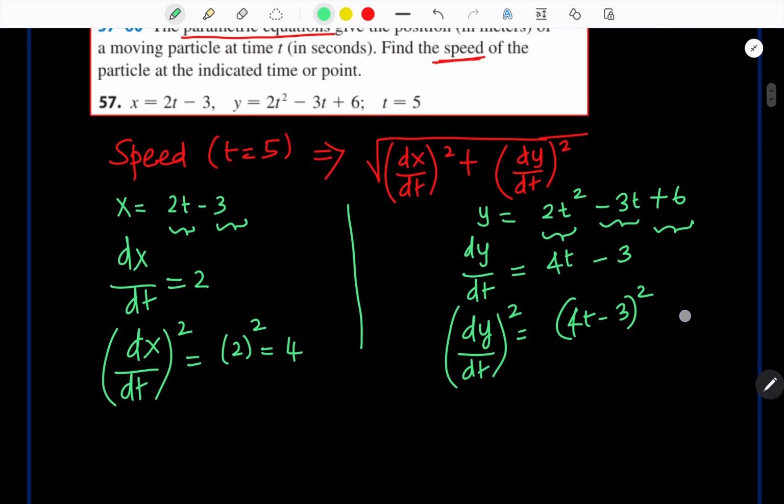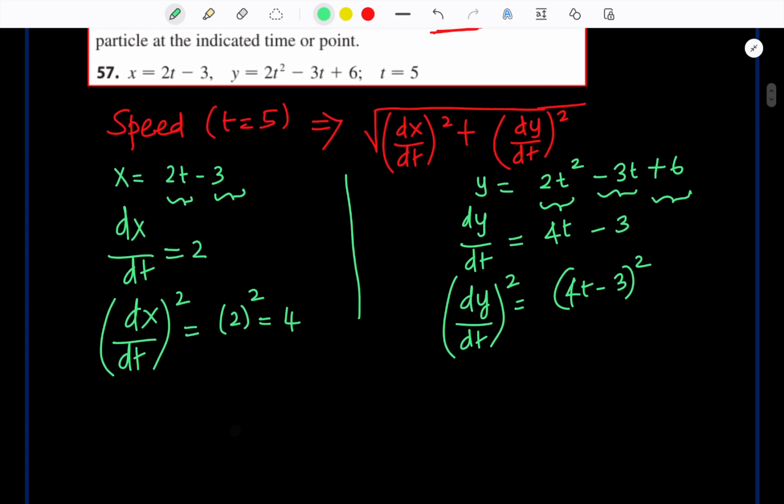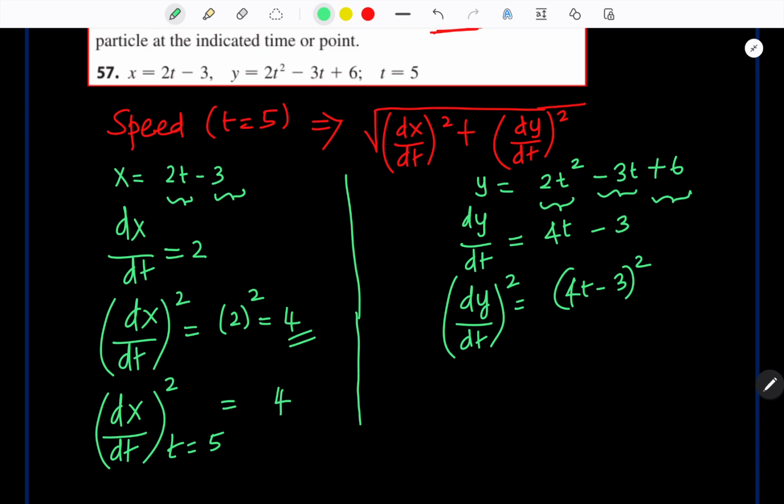We already know the speed is a constant, so we are going to calculate the speed at time t equal to 5. dx by dt the whole square at t equal to 5: is there any variable here? No, it is the same for all values of t, because t is the independent variable and x is a dependent one.